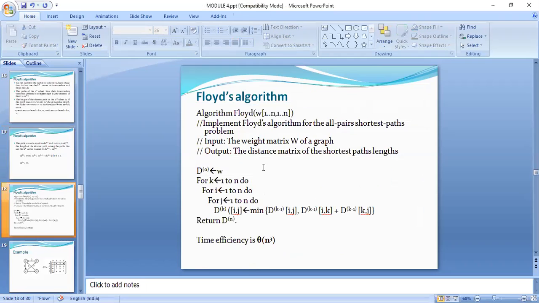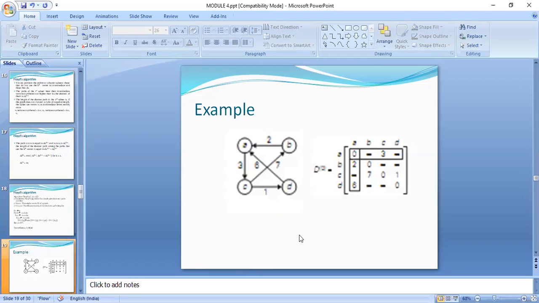So here also you have the same method of writing the algorithm, where you have to calculate the value and call the minimum function, which will return the minimum value. So you can see here that all A to A, B to B, C to C, D to D are 0. If there exists an edge, then you take the value. For example, A to C, the value is 3. But A to B, there doesn't exist an edge, so you will consider it as infinity.